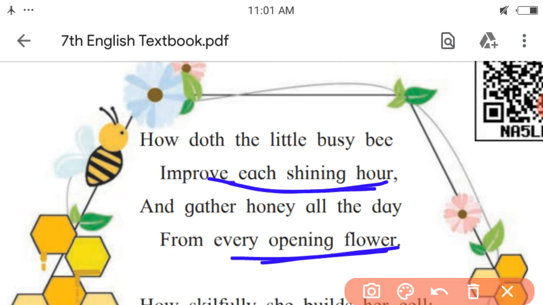So it is about all those honeybees who are gathering sweet juice or honey from the flowers and continuously busy in increasing it, and thinking of her great work, the poet is wondered how busy that little bee is.